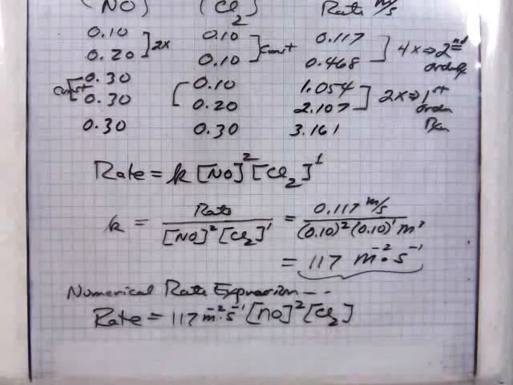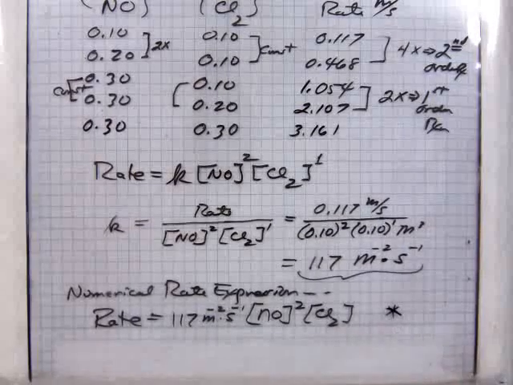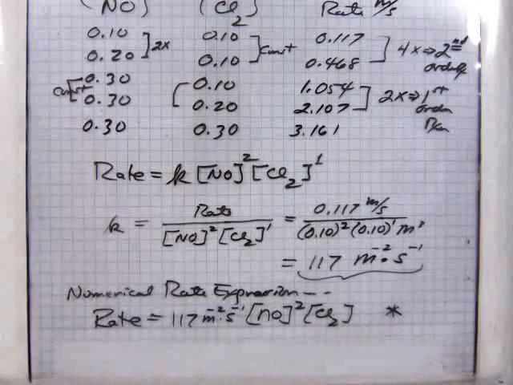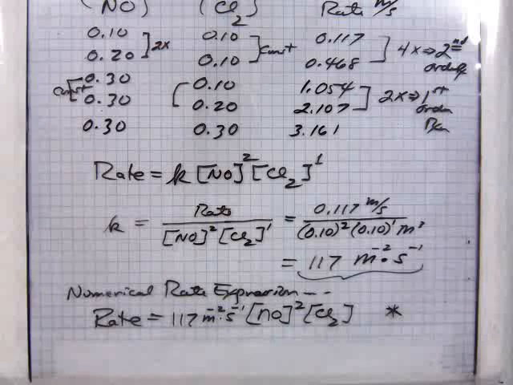You don't have to put anything up there. If there's a 0 power, it wouldn't be there. So this is the objective of that kind of problem in working these experimental rate law problems.